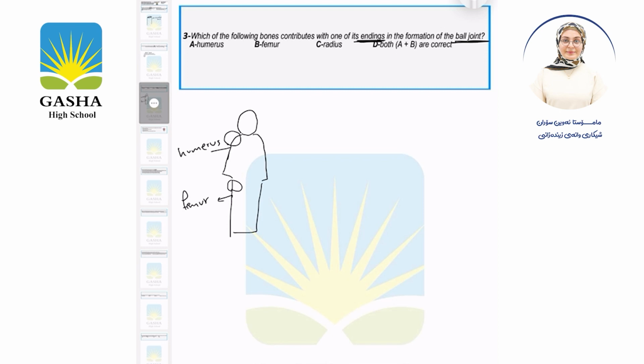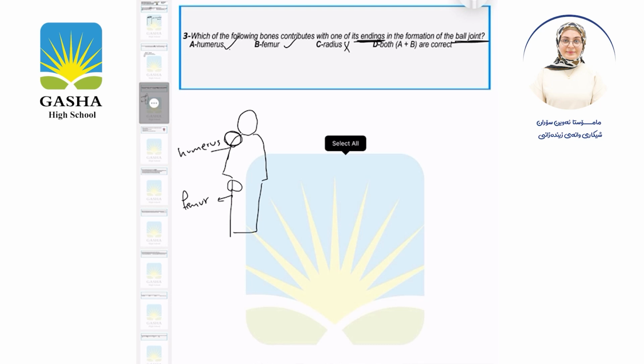Okay, so let's talk about the choices. A is humerus. Yes, it's true. If this is the joint of the shoulder, the humerus is participating with it. B, femur. Yeah, it's true. In our leg, the femur is joined with the ball joint, so this one is also true. C, radius is not true. It's not related to these ball joints.